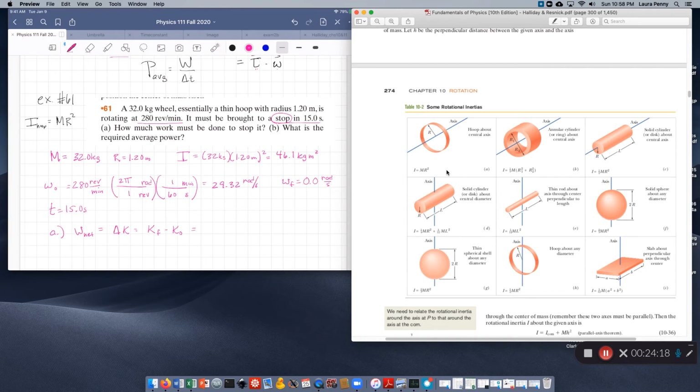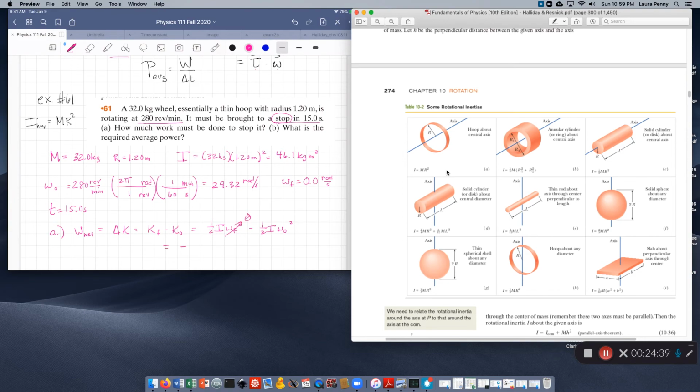K final is 1/2 I omega final squared, and K initial is 1/2 I omega naught squared. Omega final is 0, so that whole term is 0.